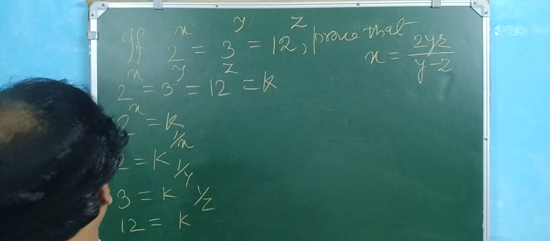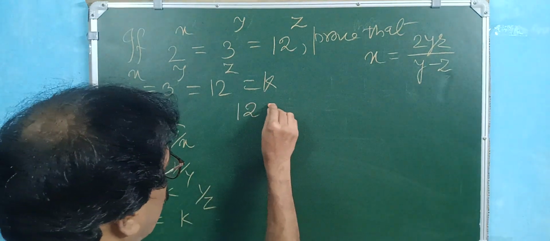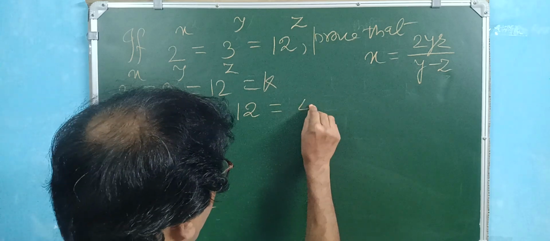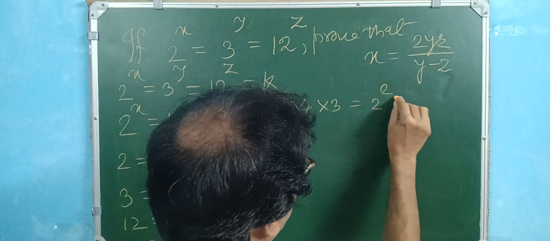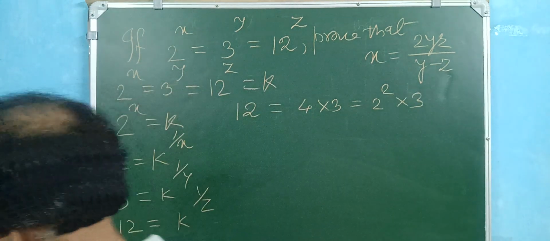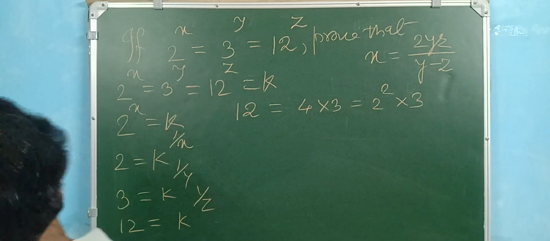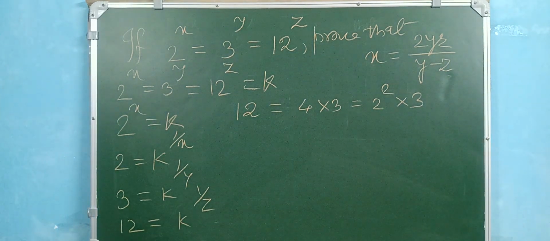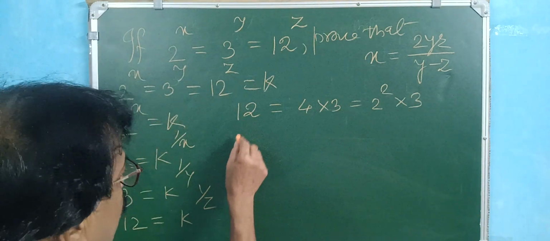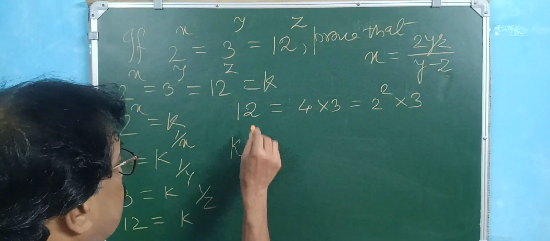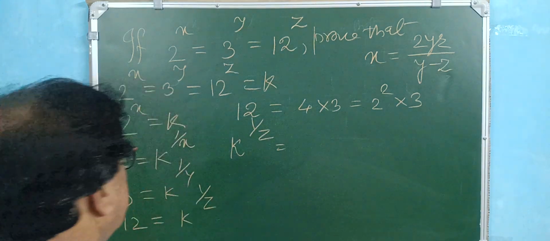Now one thing is there, 12 is actually 4 into 3, just you write in this way, 2 square into 3. So in place of 12 you write, just you convert all these things in k. 12 you write in this way, k to the power 1 by z.